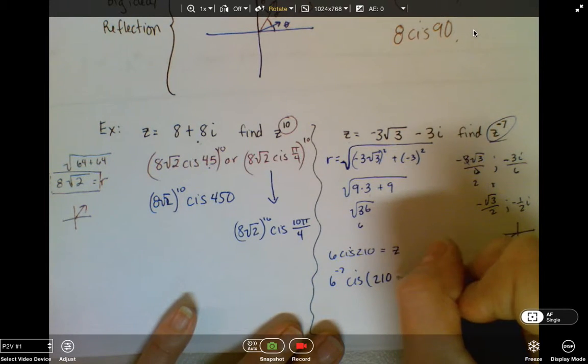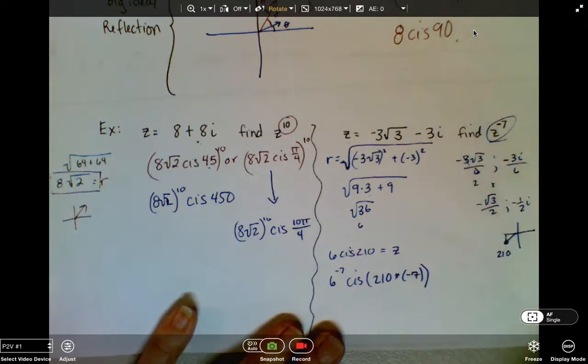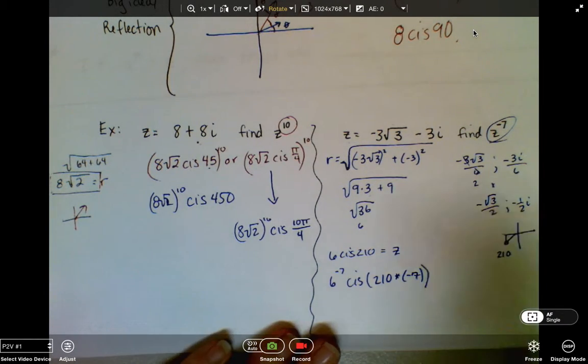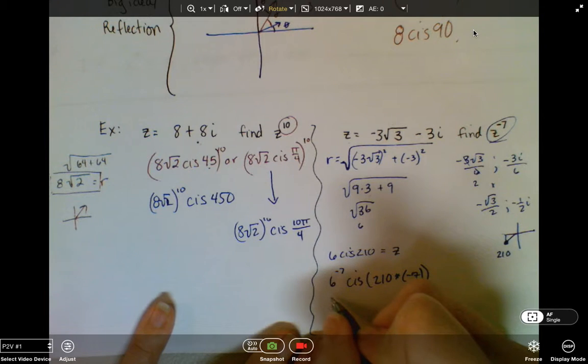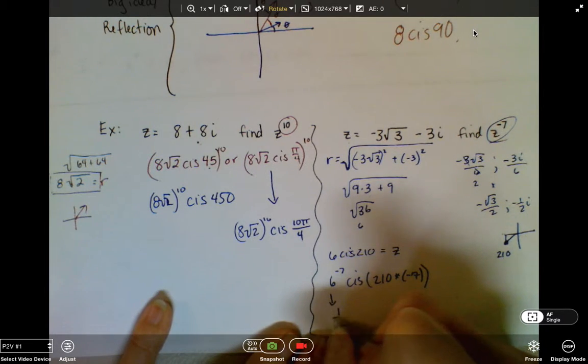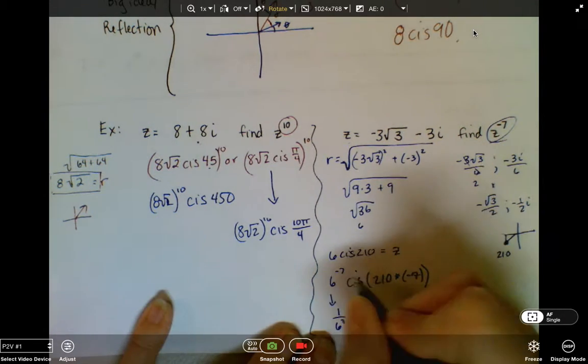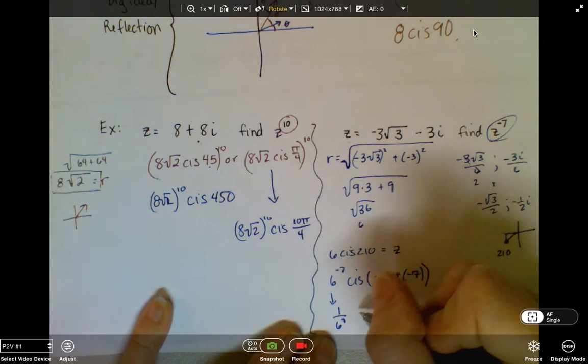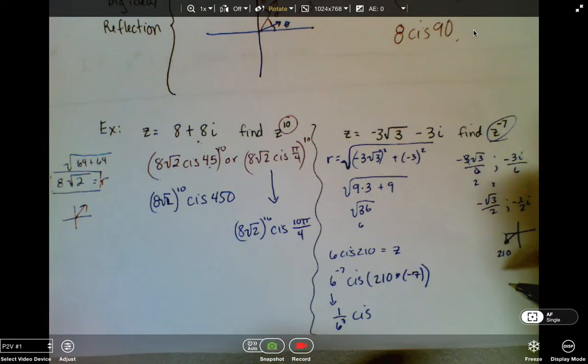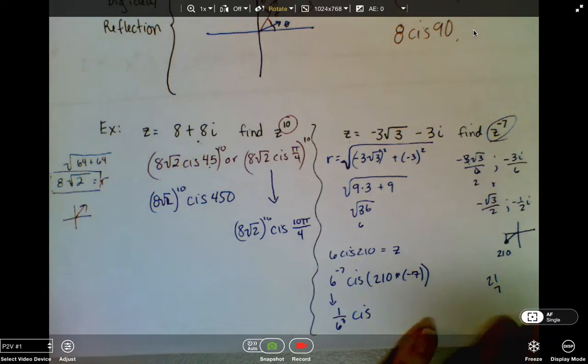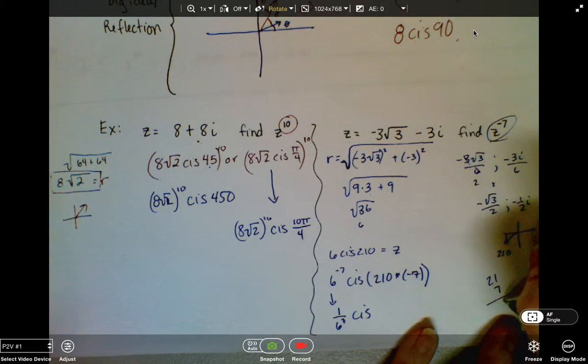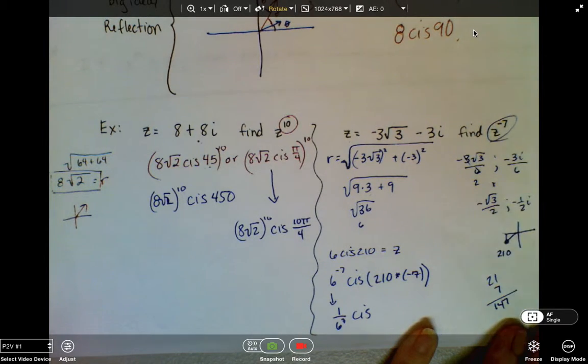We're just going to do it like this, times negative 7, and then you could find the coterminal value. So this right here would be 1 over 6 to the 7th, so the negative exponent, cis, scratch work, 21 times 7, 147, and then multiply by our 10.